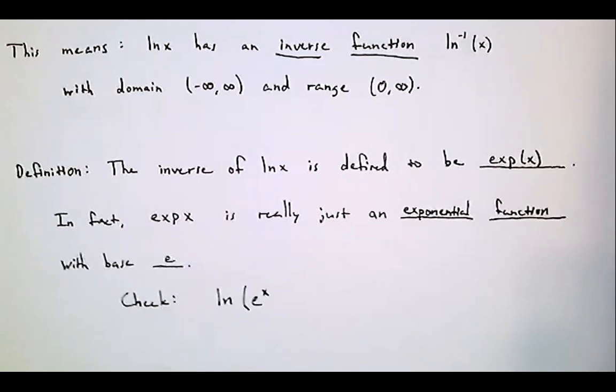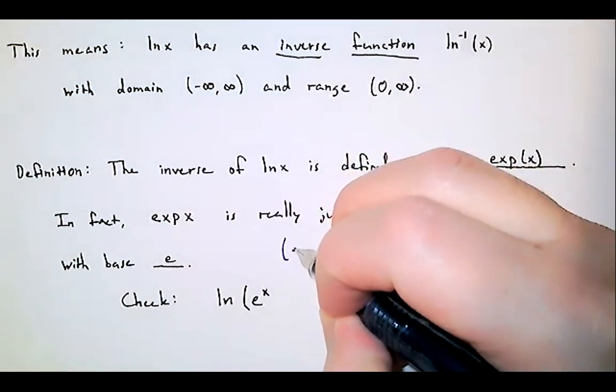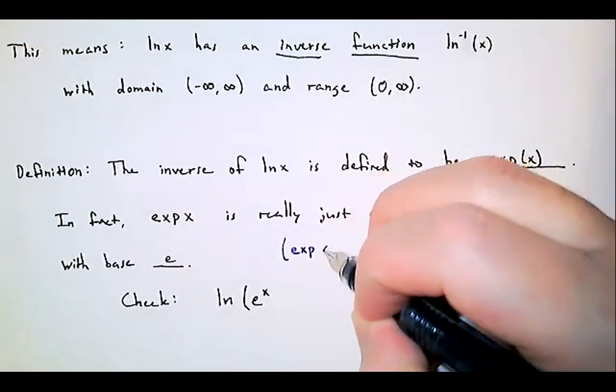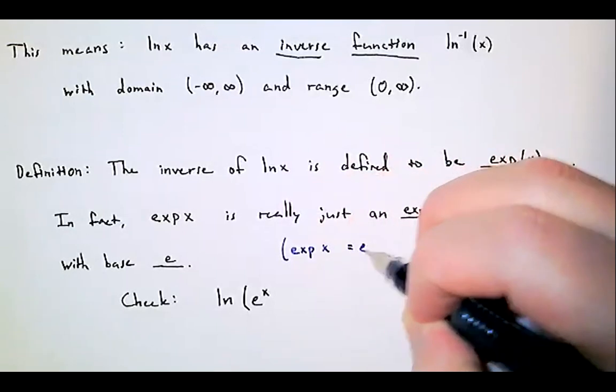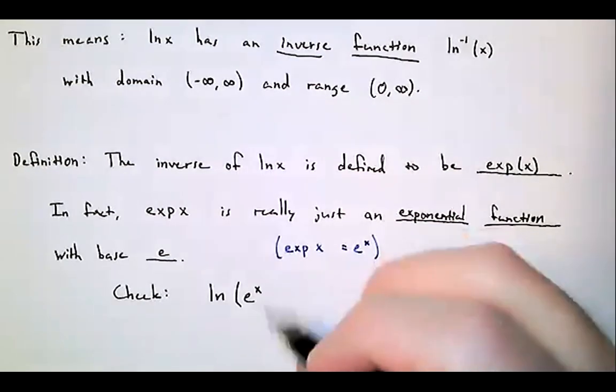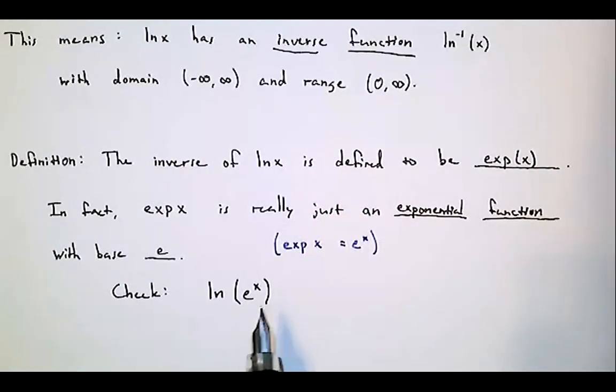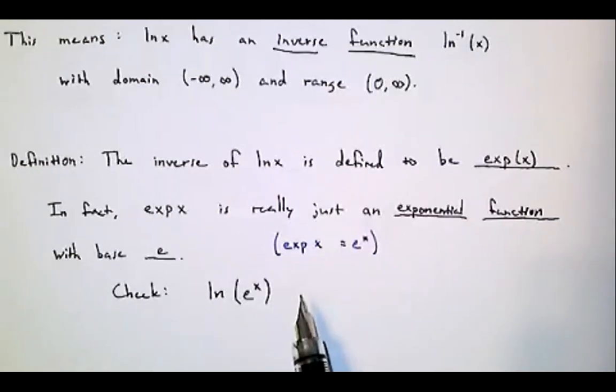So that's what I mean here by this is an exponential with base e. Okay, so I've plugged it in, and if this is going to be the inverse function, then the natural log should undo the exponential, and we should get x as our answer, right?